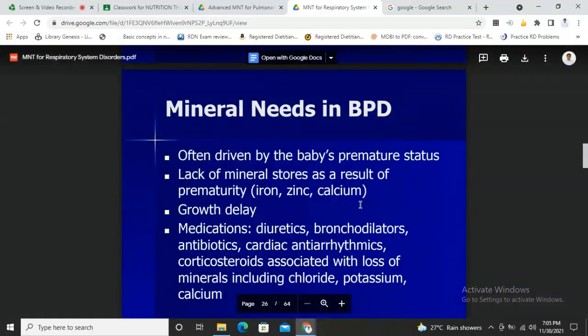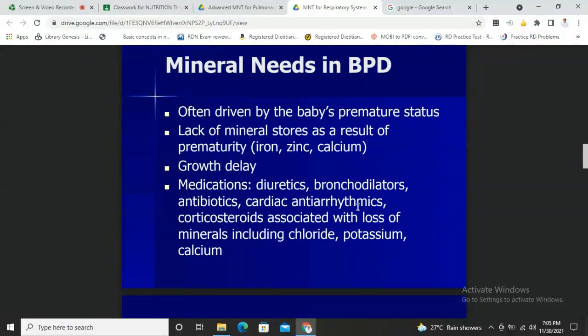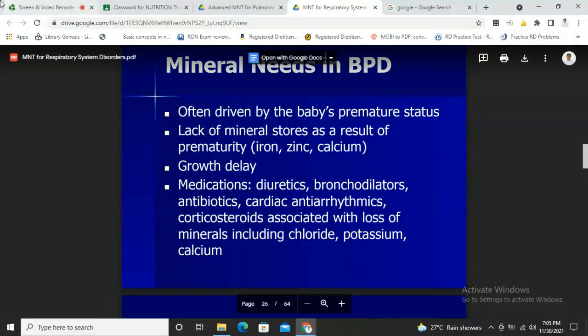Mineral needs in BPD, okay, these are individualized, no, okay, as since BPD is also an outcome of oxidative stress, so antioxidants might help. Okay, so those nutrients that are antioxidants might help, no. Okay.